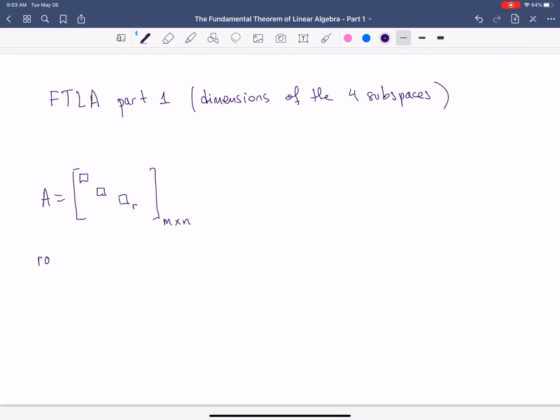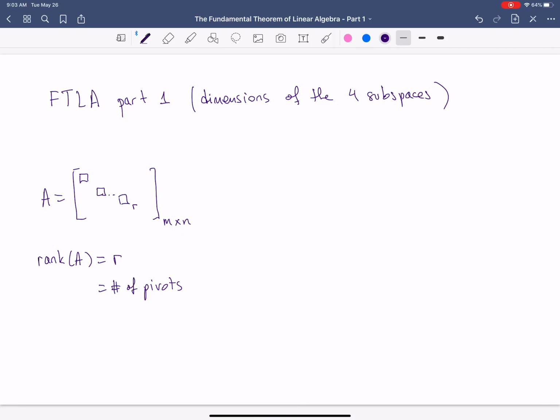The rank of the matrix is R. And R, the rank of the matrix, is obviously the number of pivots, which is not always visible directly in A, but it becomes visible once you carry out that elimination.